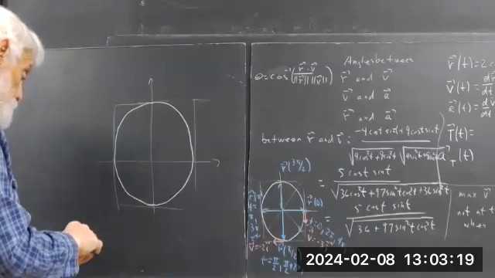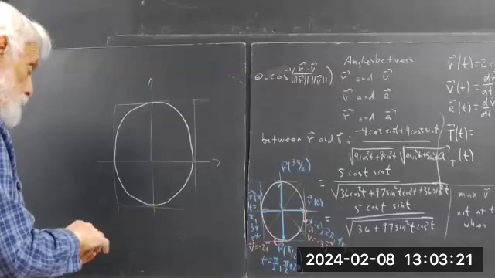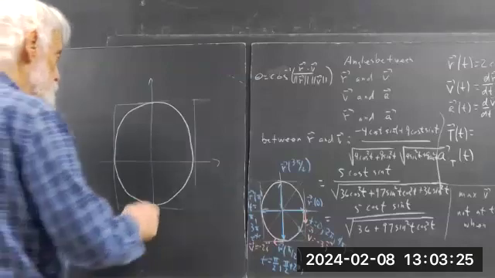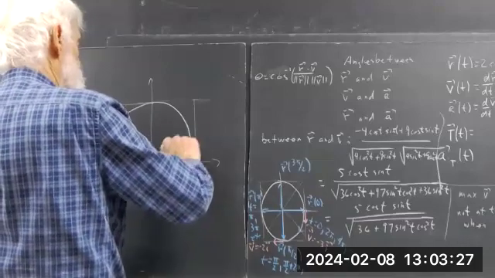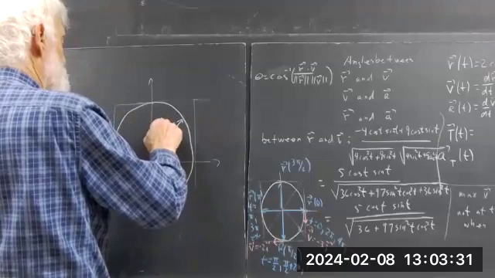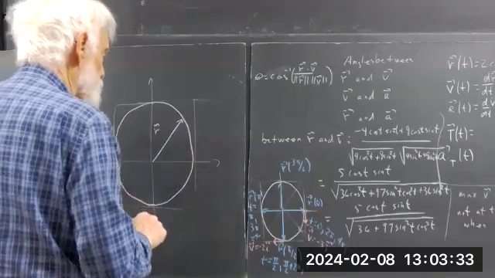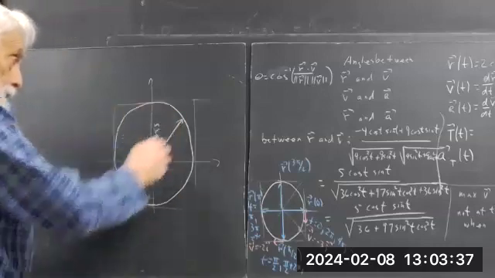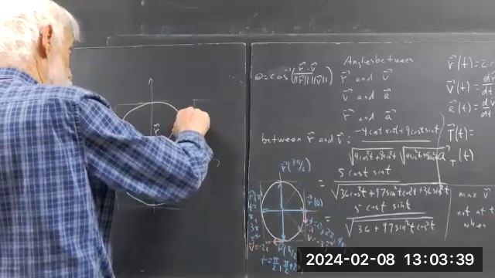So at a given point, you have the R. The V vector is tangent to the curve, which is clearly at this point.